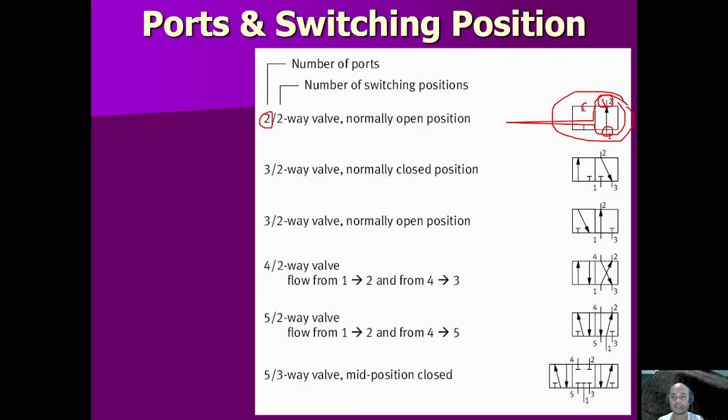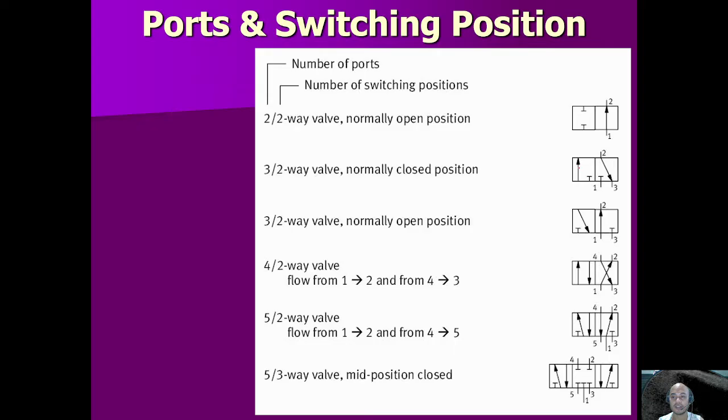And since it has two boxes, or two squares, it has two switching positions. So this is two over two, what we call a two-way valve. Since the square on the right side has flow, this valve is open. So it has a normally open position.